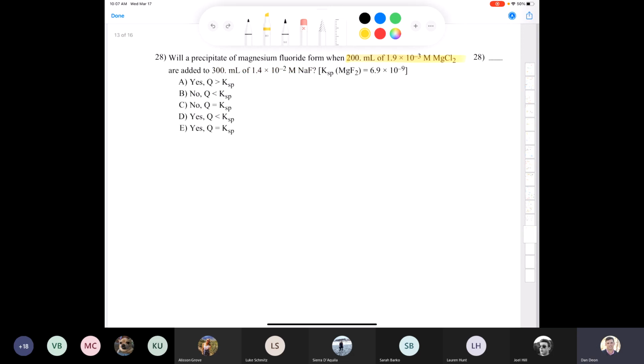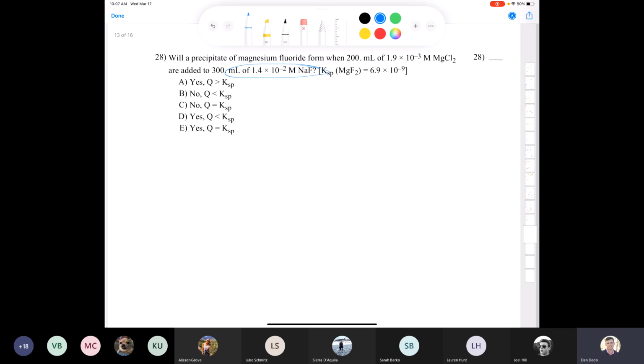Notice that they're telling you that you're mixing 200 milliliters of the magnesium chloride, which infers that it's soluble. If you have a solution, they're telling you it's soluble. They give you a concentration. Same thing for the sodium fluoride.